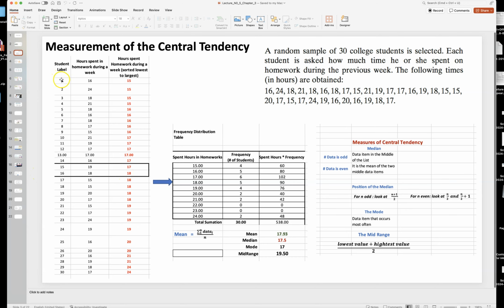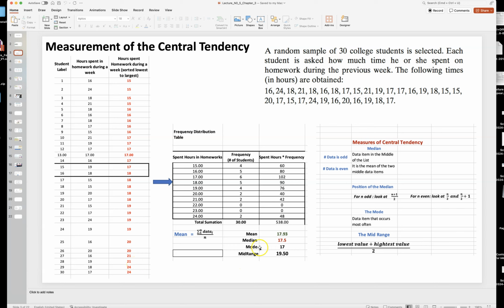If your list has an odd number, you take the middle, because the middle is going to split the list into halves that have an equal amount of samples. And that middle is going to be a measurement of the central tendency. But again, it should be done on the sorted data.